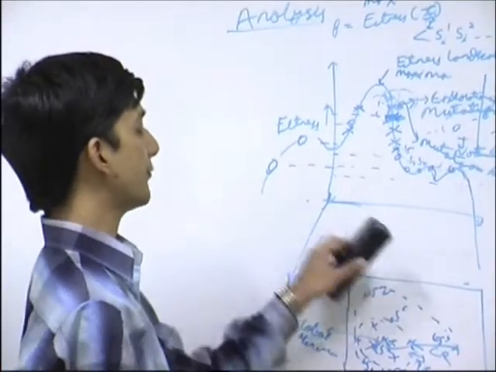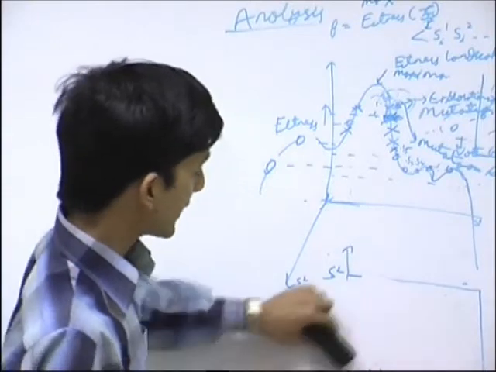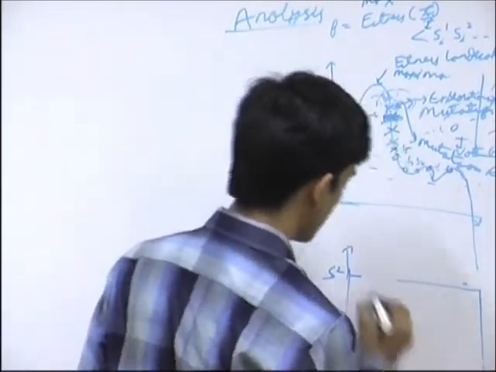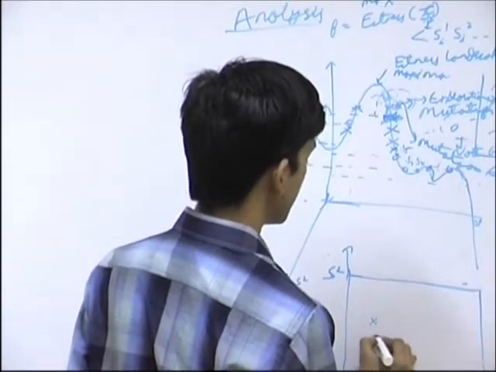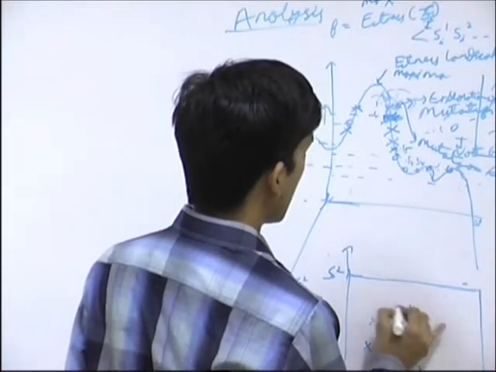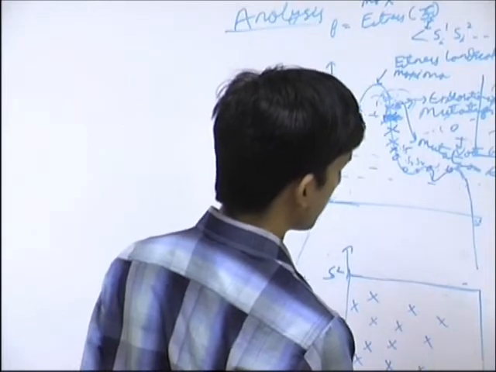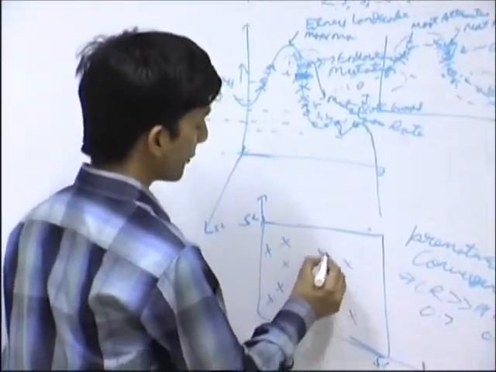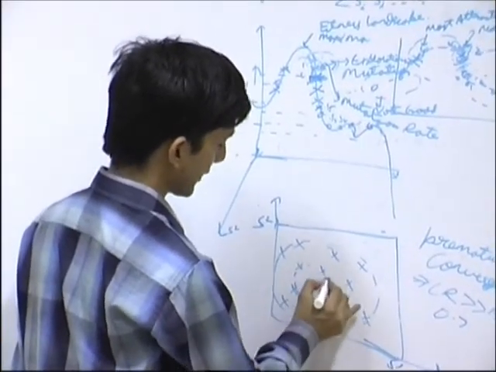Now again let me come back towards this landscape that I had drawn. Let me say my individuals are at these locations. Initially my individuals are so wide apart, what happens is that crossover contracts this kind of search space into what is known as this search space.